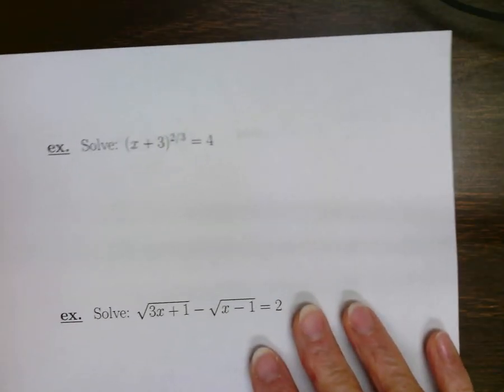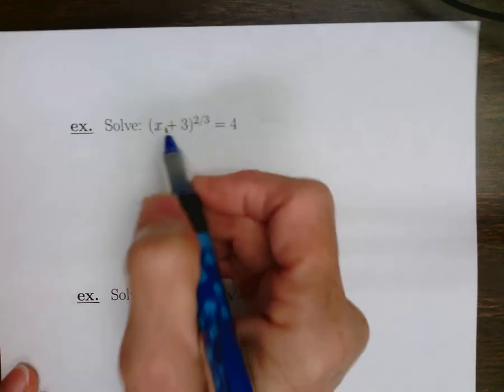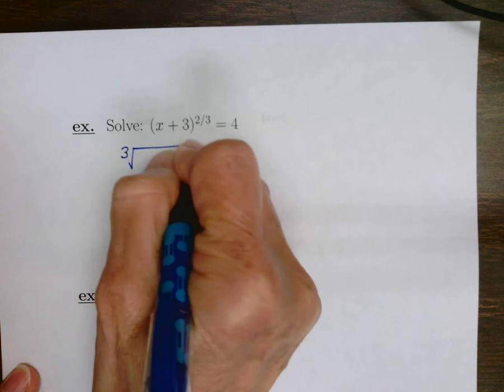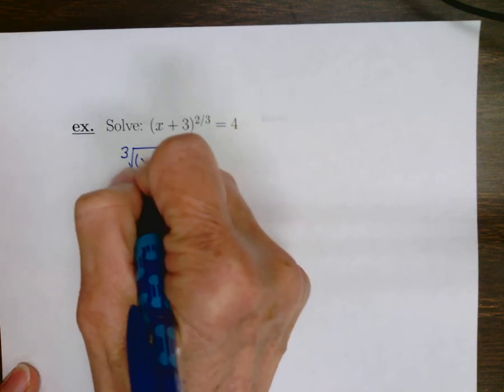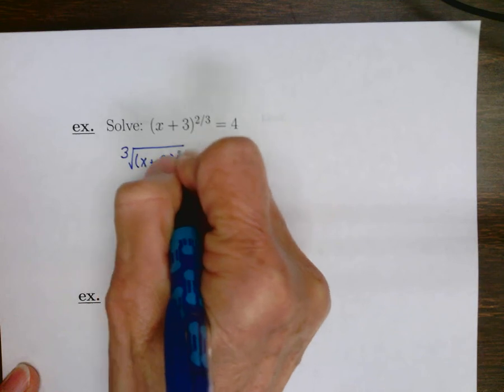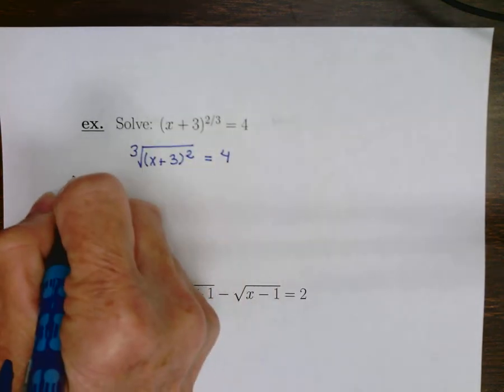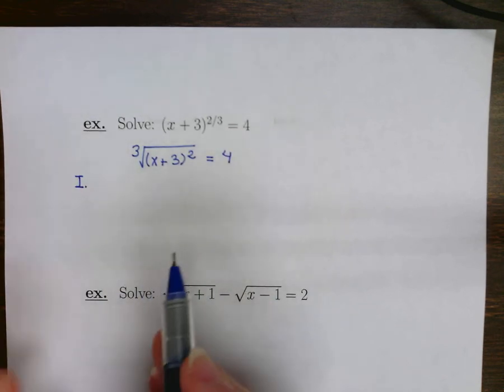This time we're starting with a rational exponent, but we do the same thing because we know that a rational exponent is really saying the cube root, that's our index, of x plus 3 squared is equal to 4. Okay, so the first step is to isolate the radical, which it is in this case.